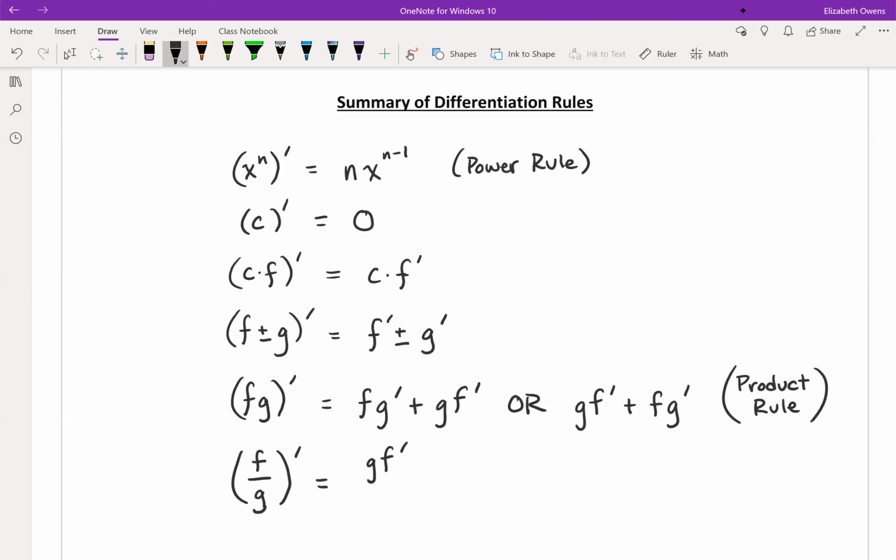So g f prime minus high function f, derivative of the low function g. So f g prime over the low function squared, g squared. So g f prime minus f g prime all over g squared. And however you want to memorize that is up to you.